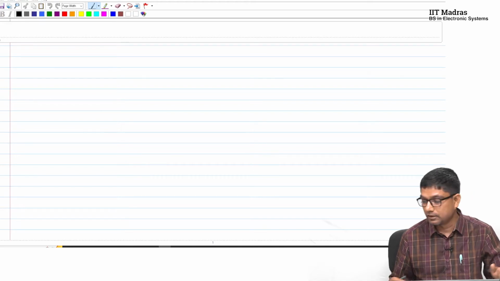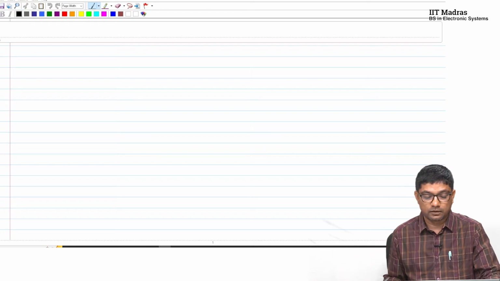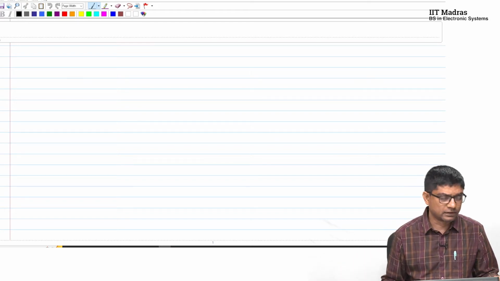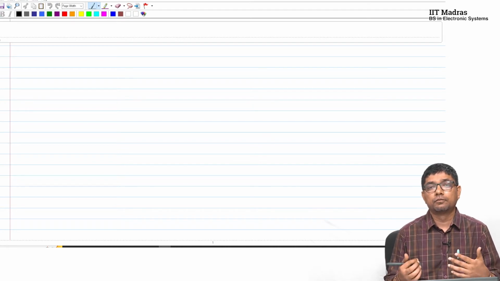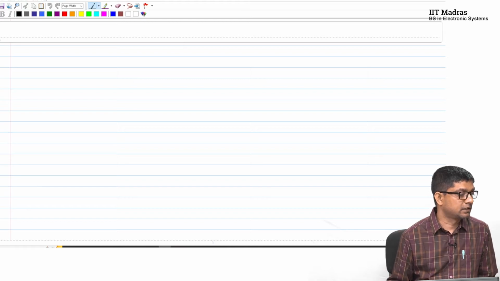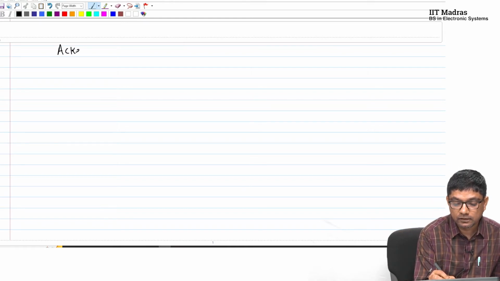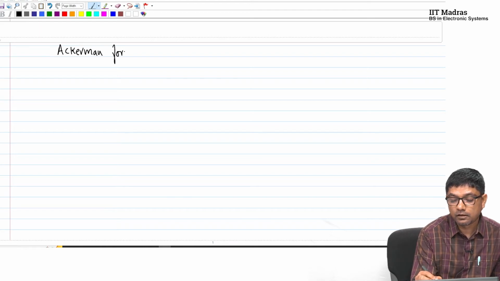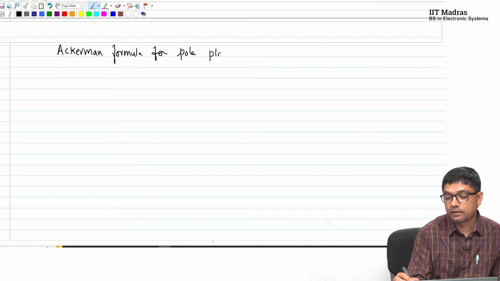In most cases we can do all of these by just using a small command in MATLAB, but it is good to know how things evolved into some nice computational tools. So this we will call the Ackermann formula for pole placement.